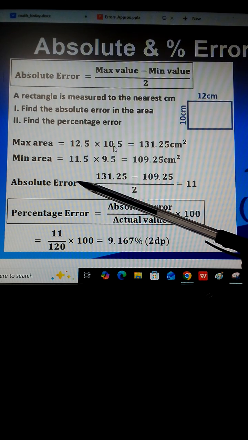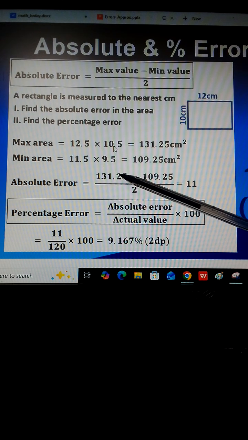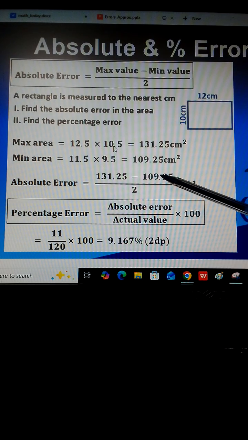So the absolute error is the maximum area minus the minimum area, then divided by 2, which is 131.25 minus 109.25 divided by 2, and you get 11 square centimeters.